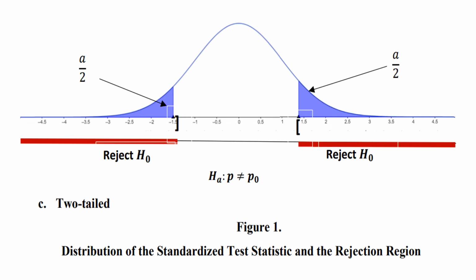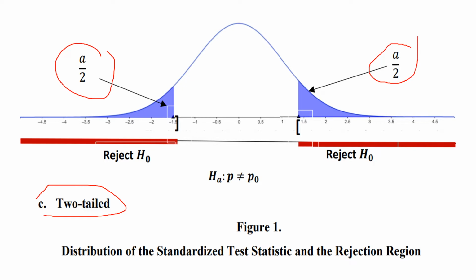So let's deal now with the two-tailed test. Let's first talk about the reason why we need to divide your level of significance by 2. Because in your two-tailed test, we consider both the left and right sides of your normal curve.